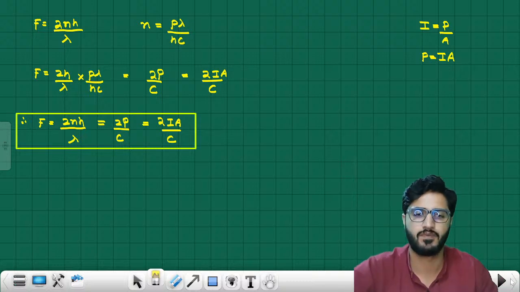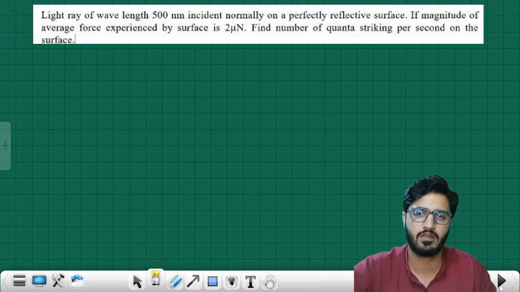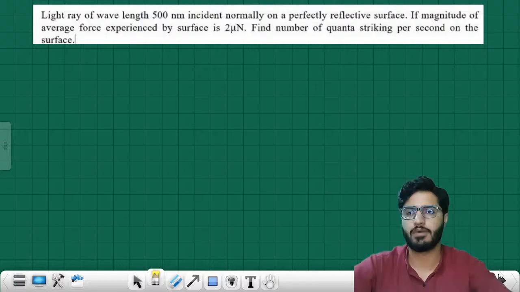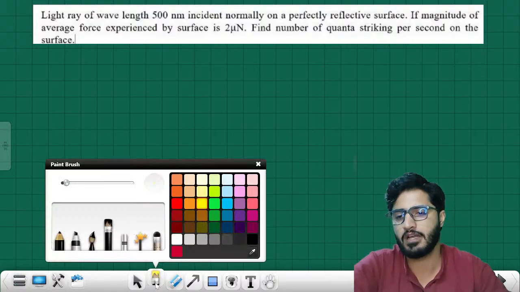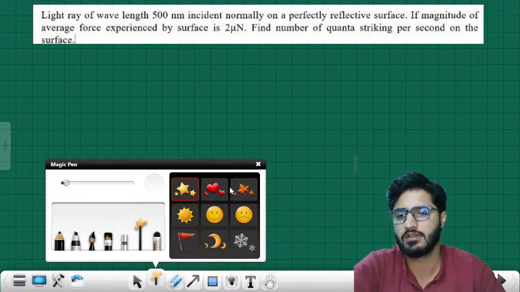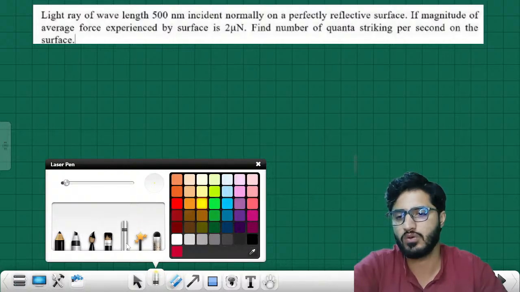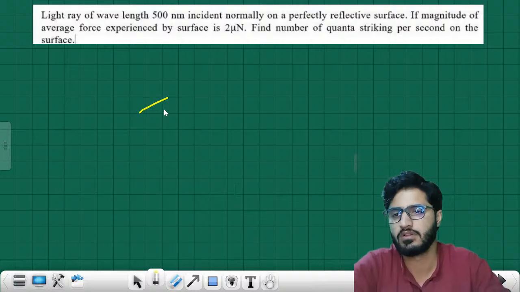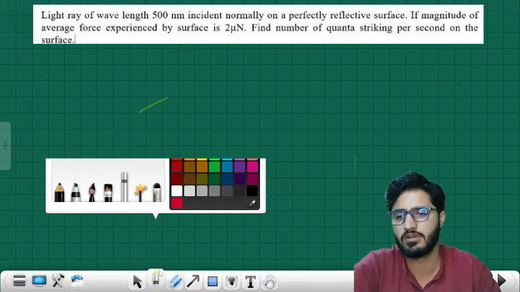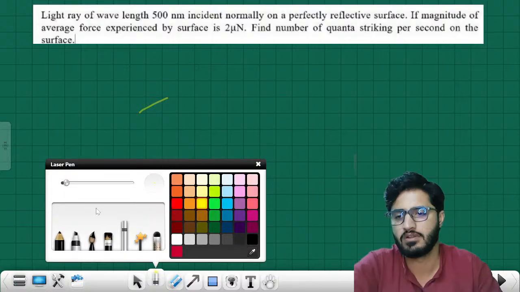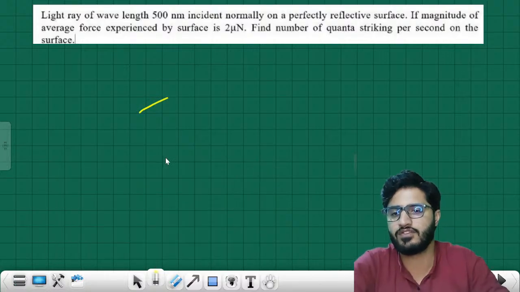Okay, now let us start one numerical. One second, I don't know the highlighted portion. Yes, this is my highlighted one now. You can see here. Look now.